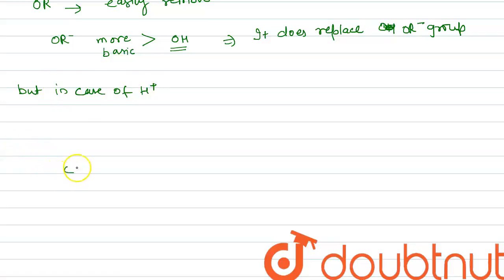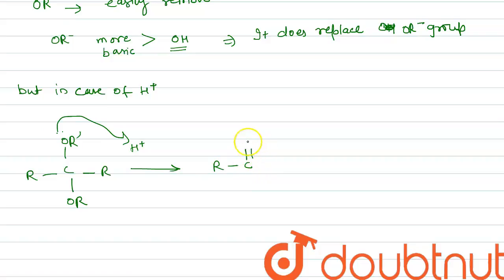This OR, R and OR. In this case, H plus reacts on this. What it forms is the protonated acetal, and OR minus leaves as R-OH.